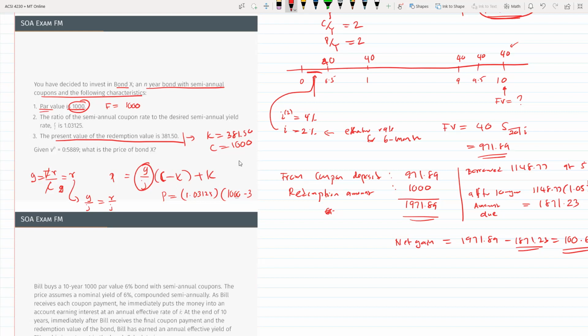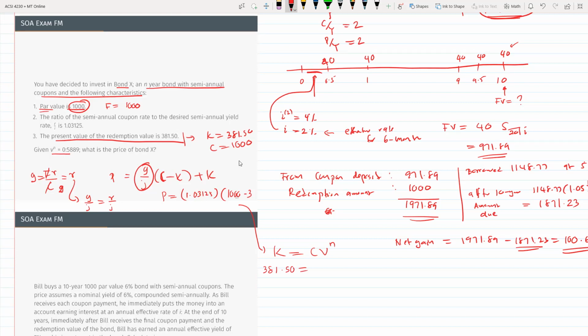By the way, they gave us Vn. So I'm thinking maybe the par value is not the same. Let's see. K equals C times Vn. So K is given as 381.50.